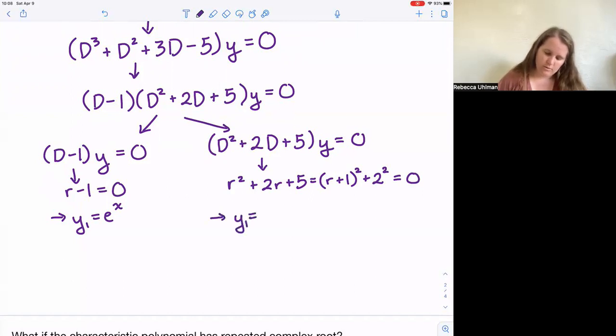Sorry, y2 is equal to e to the negative x cosine of 2x. And y3 is equal to e to the negative x sine of 2x.